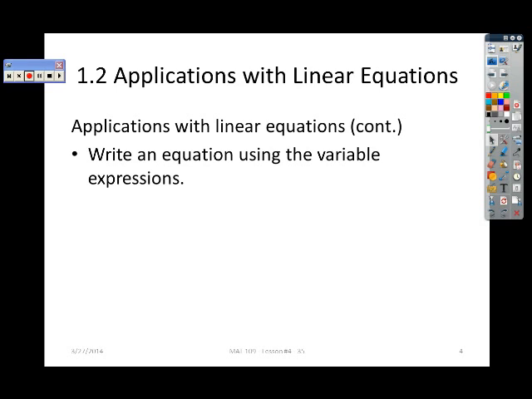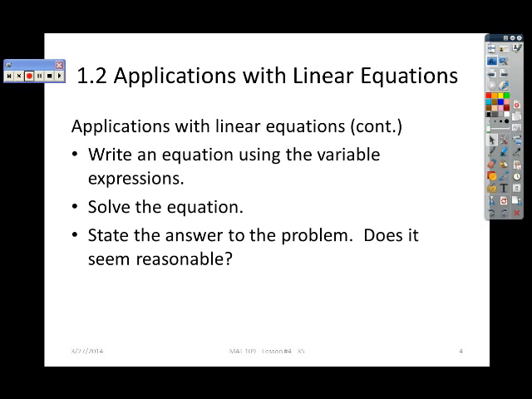Write your equations, then solve the equations with whatever mathematical techniques are required. And once you have solutions to your equations, don't stop. Take those solutions and use them to answer whatever question was asked. The solutions to the equations might be the answers, they might not be. It could be that you need to do a secondary calculation after you have the solutions to get the answer to the question.